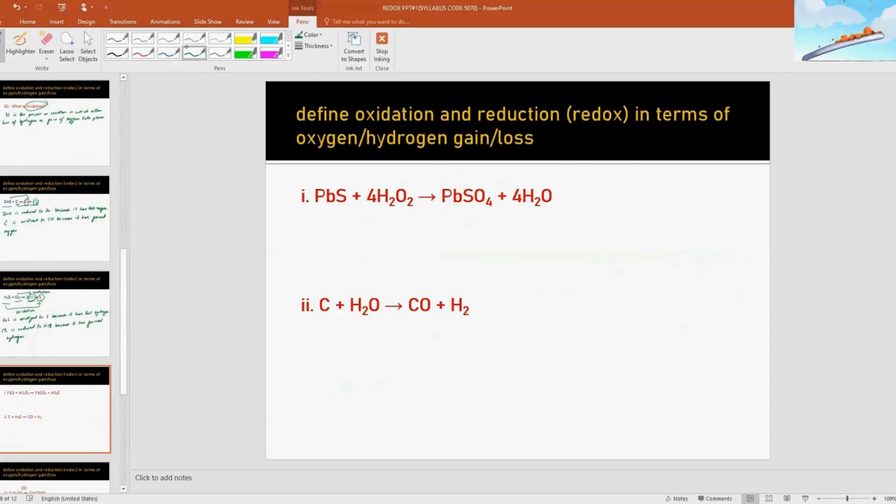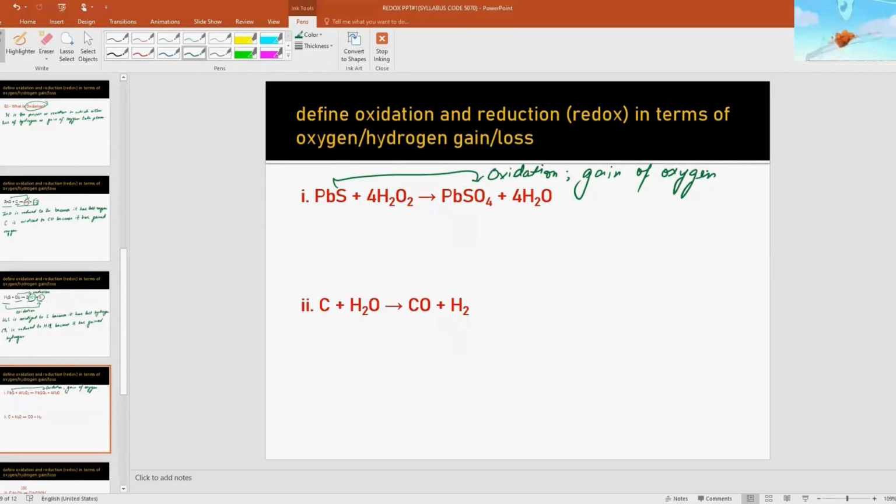Can you solve these examples? PbS is oxidized to PbSO4. Oxidation, because it has gained oxygen. Gain of oxygen.